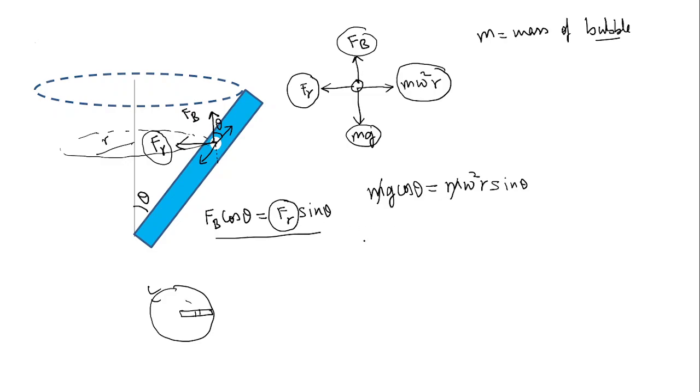Here you draw the triangle. Suppose this is the axis and this is the tube, aligned something like this, and somewhere here is the bubble.